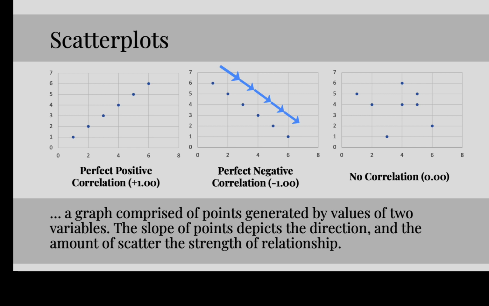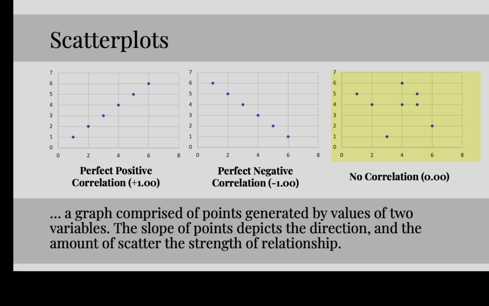So it's a perfect negative correlation. Right? Remember, positive and negative doesn't mean good or bad or bigger or smaller. It just means the direction of the slope. Now this third one over here is what we call a scatter plot, right? You can see the scatter. The data points are all over the place.